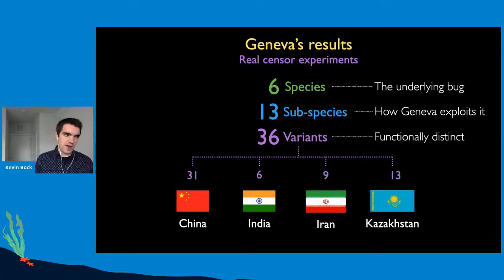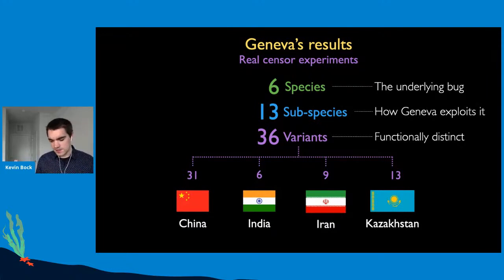And looking at these are how many we find for each of these countries. It's actually kind of interesting because if you look at these numbers, you could get the impression that China is really not doing so great with 31 strategies we found, and India is doing amazing with only 6 strategies. And this can be somewhat misleading because this really speaks to not how well the countries are censoring, but the complexity of their censorship systems.